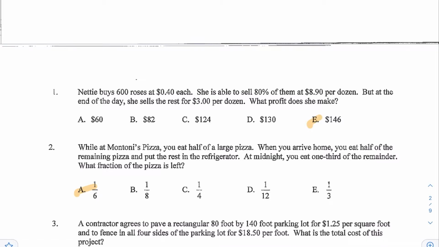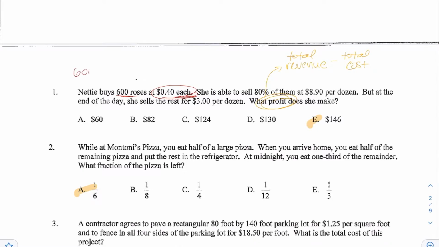So the keyword here is profit, and profit represents the total revenue, which is the money that you get, minus the total cost. So she didn't make the roses herself, she had to buy the roses. So specifically here, the total cost will be 600 roses, and the keyword here, each, with 40 cents each, means you have to multiply.